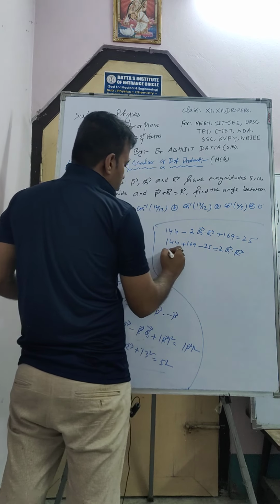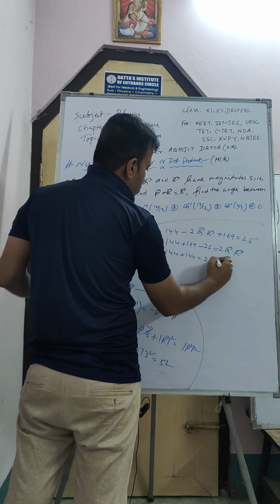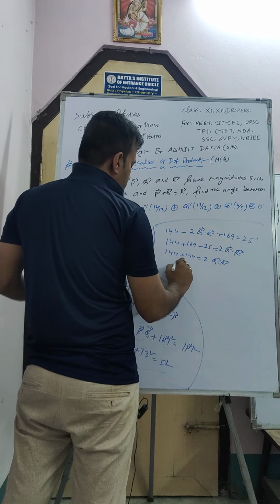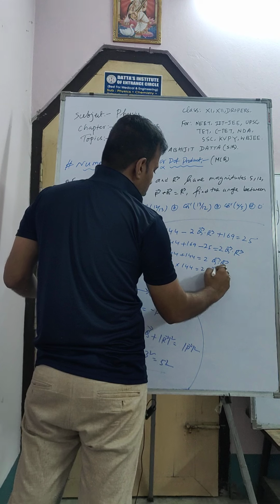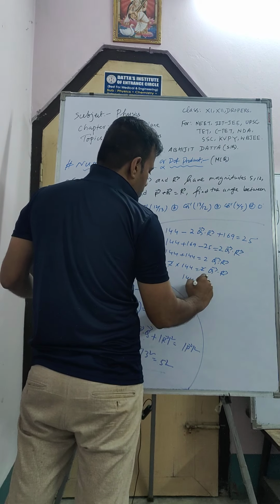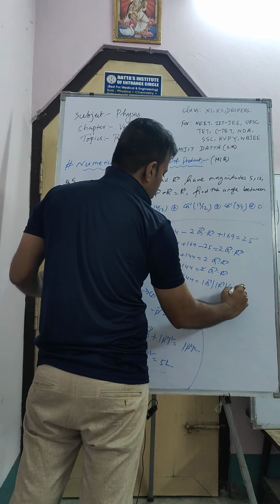Okay, so it will be 144 plus 144, that is 2 into 144, equals 2 into q dot r. The 2 will be cancelled. So 144 will be mod q mod r cos theta.